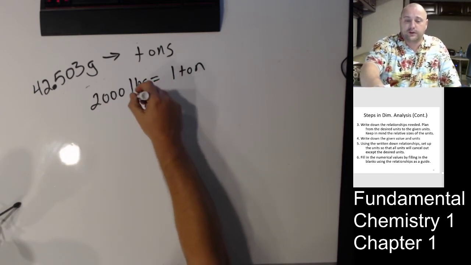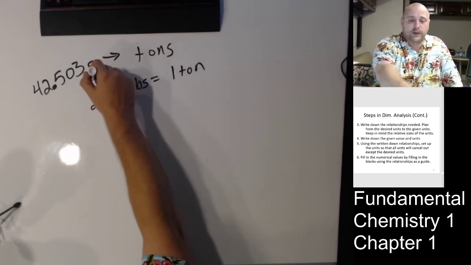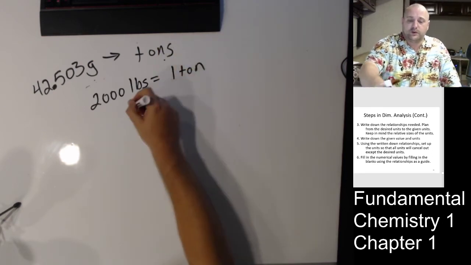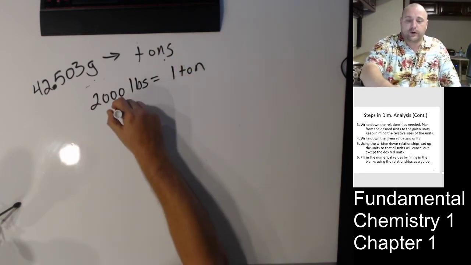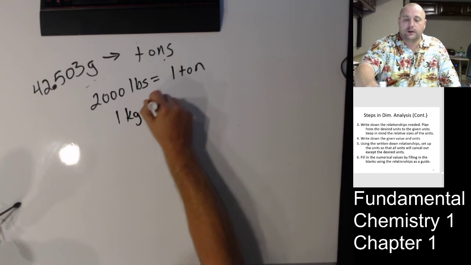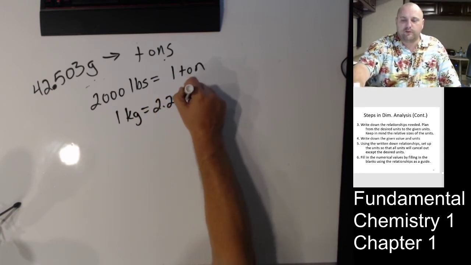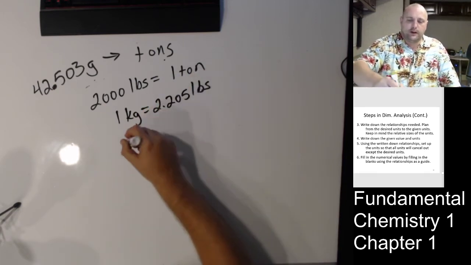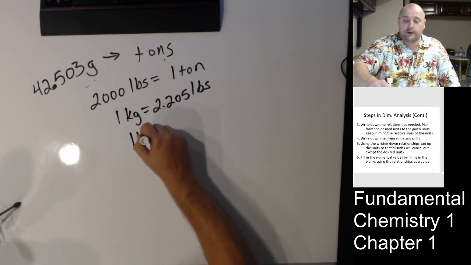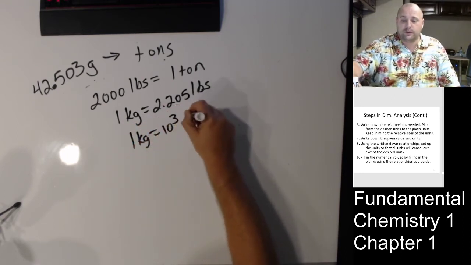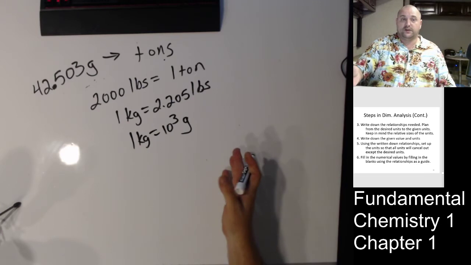We're going to do, this is metric. This is English. So we still had a crossover. Our only good crossover was 1 kilogram equals 2.205 pounds. And then we had 1 kilogram equals 10 to the third grams. We do this in 3 steps.